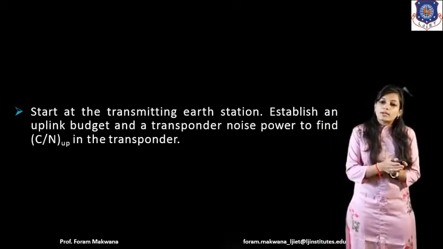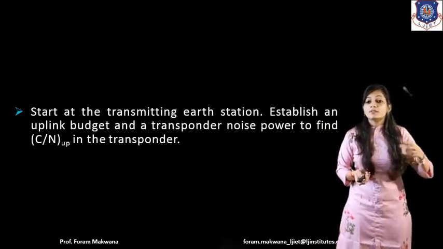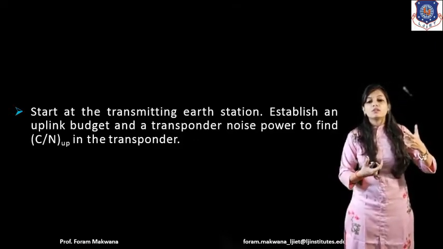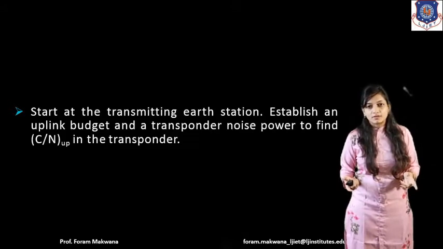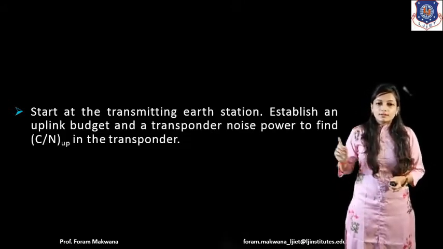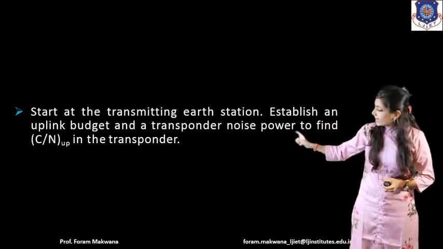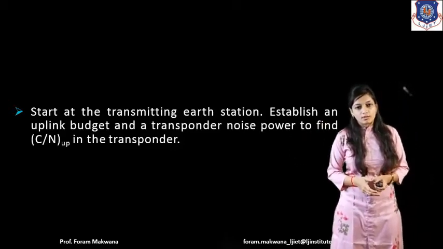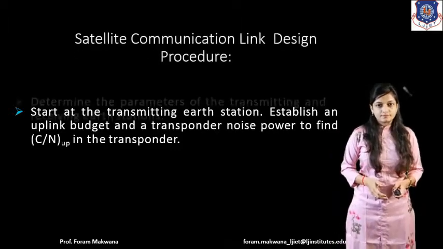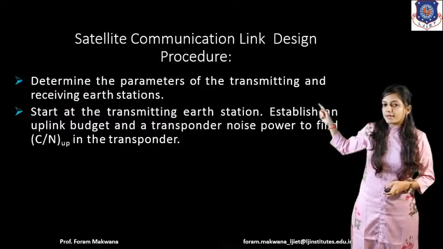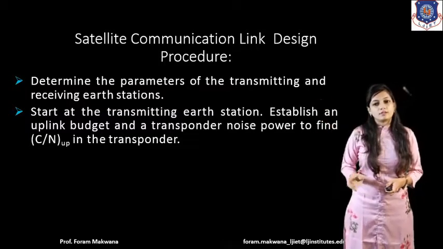Because to calculate the carrier to noise power, we must know what is my value of carrier power and what is the value of noise power, transponder noise power, right? To calculate carrier to noise for uplink, or you can say for downlink. And we are going to determine the parameters of the transmitting and receiving earth station.